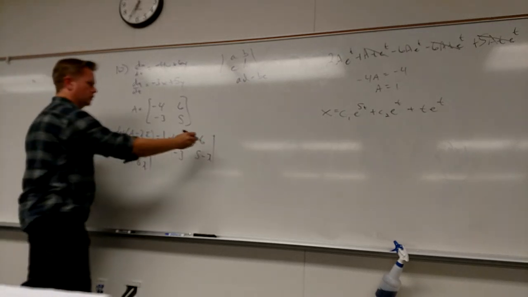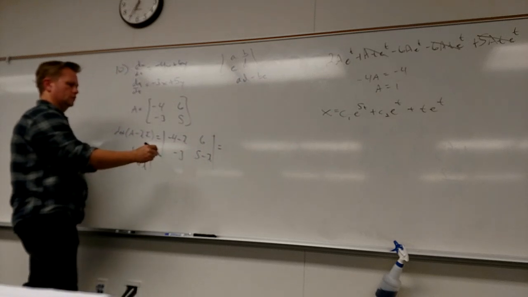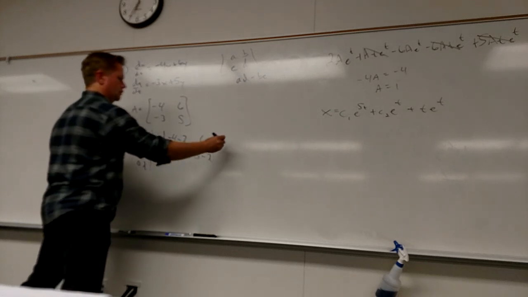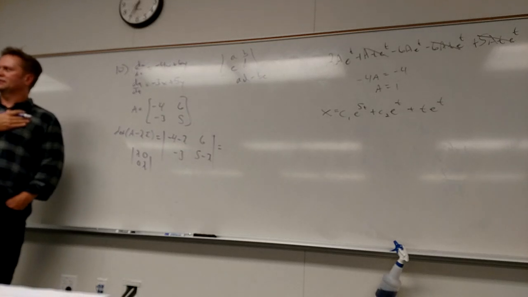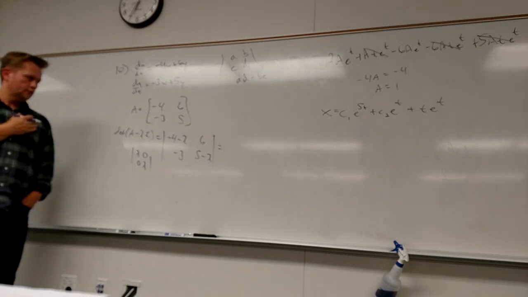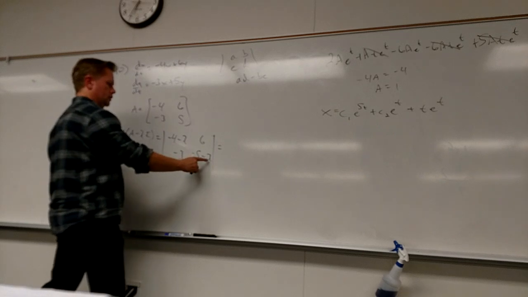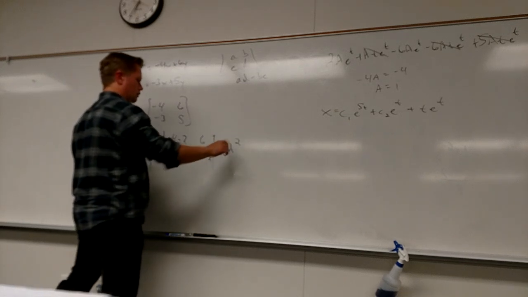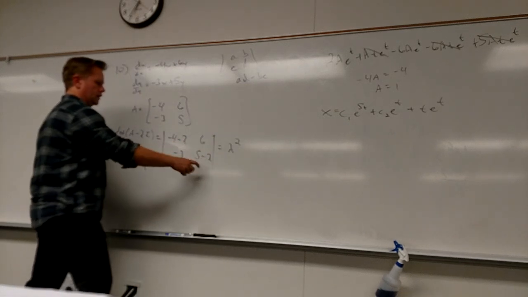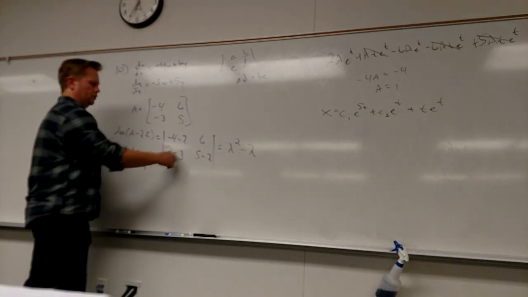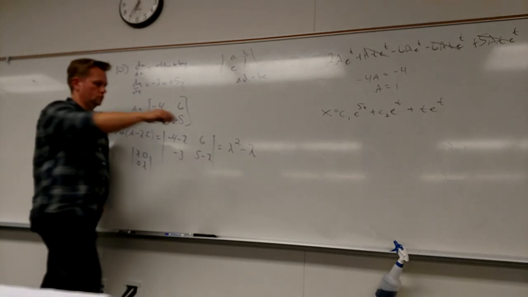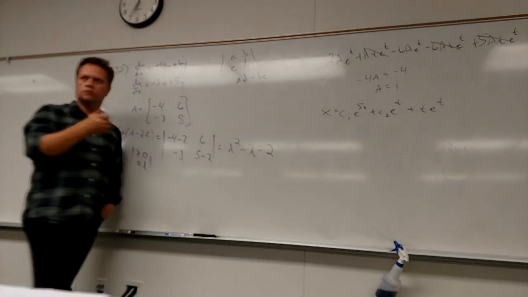And so what is this determinant? Try to work that determinant out. Yeah, exactly. So lambda squared plus 4 minus 5, so minus lambda, minus 20 plus 18, so minus 2.